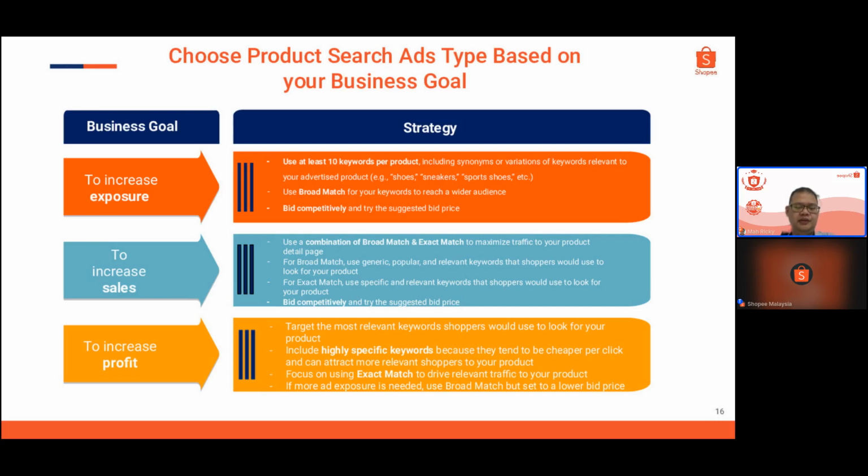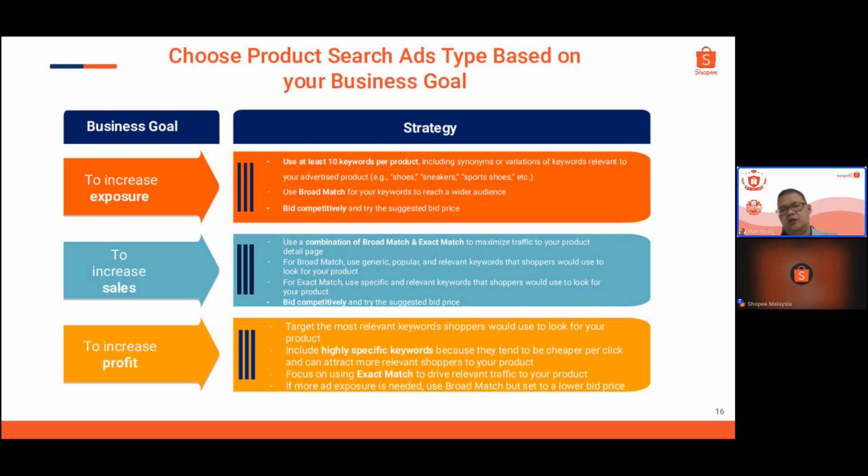Let's say you pick the keyword HP 104, which means your keyword is super related to your product. Another thing is exact match. For me, it will reduce the cost. So this one is for the strategy part.